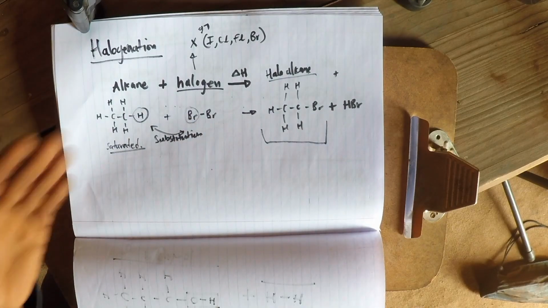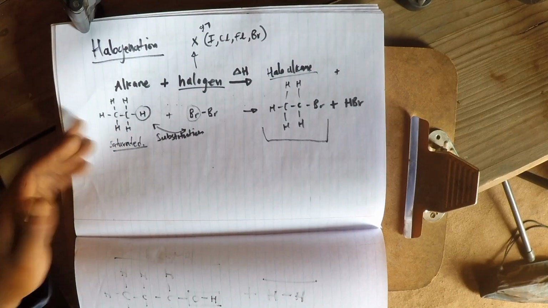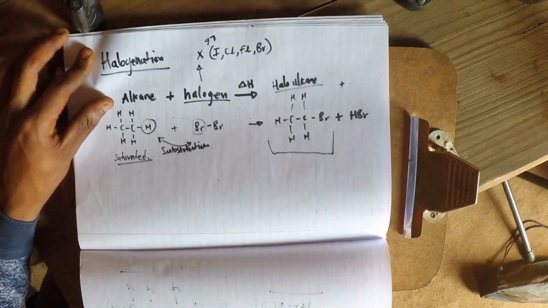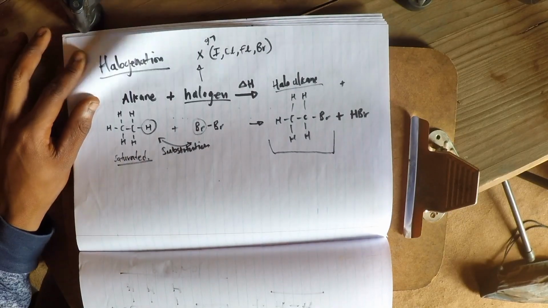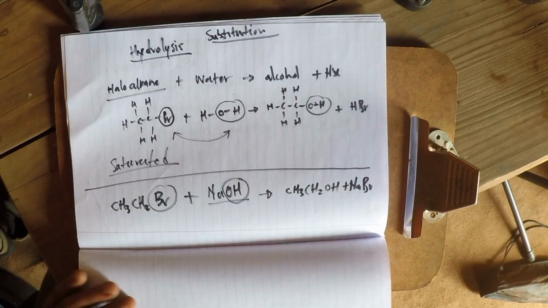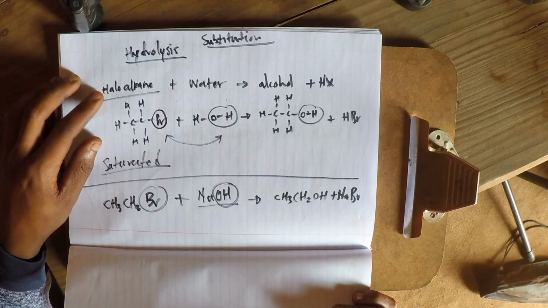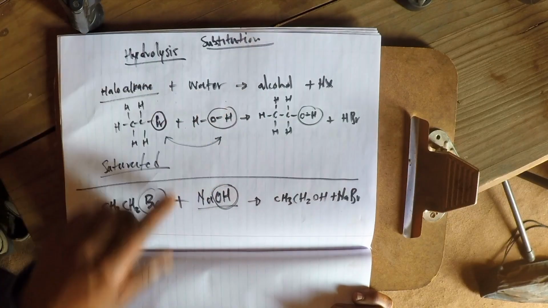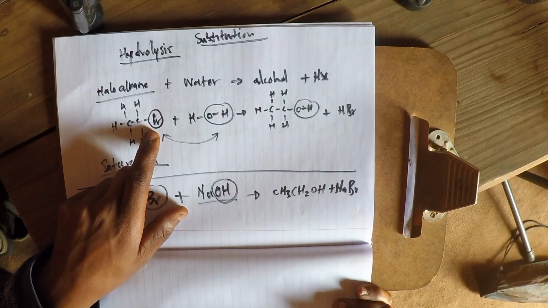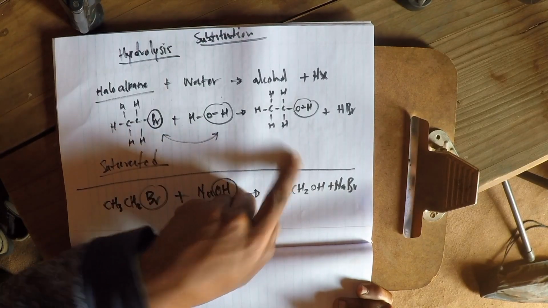Because there's substitution occurring, and substitution is forced because this is saturated and you cannot accept anymore, it's called a substitution reaction. So halogenation is a substitution reaction. Then you have another substitution reaction called hydrolysis, whereby a haloalkane reacts with water, and therefore the halogen part of it gets substituted by the hydroxyl group OH in order to create an alcohol.